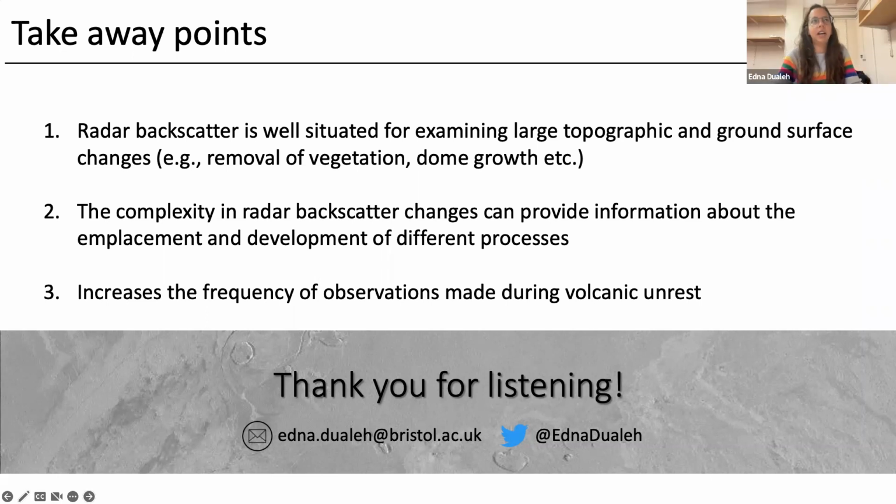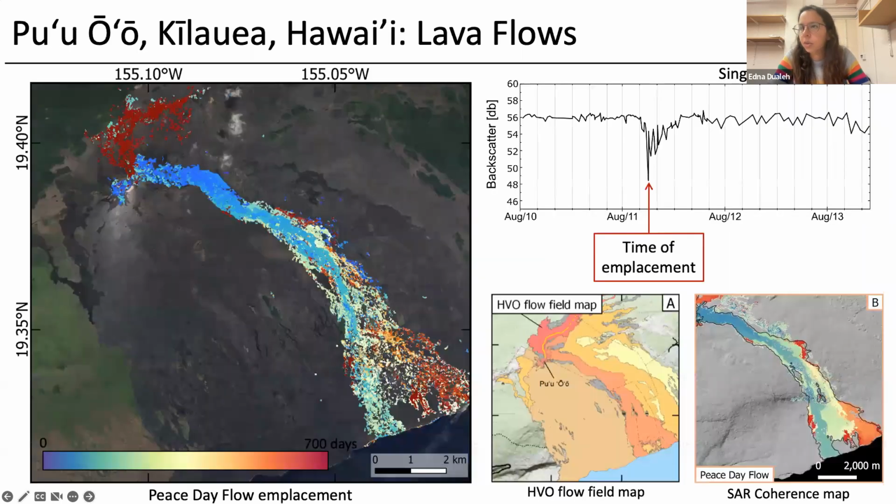So I did have a look at the coherence. Let me go back to that slide. So this is the lava flow map that I produced just from the coherence data. When the lava flow is in place, you lose the coherence.